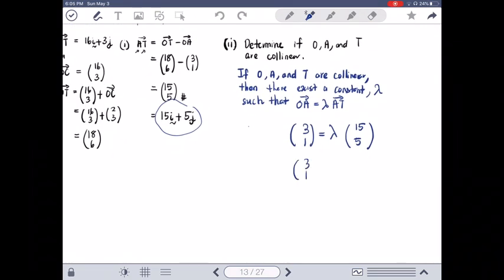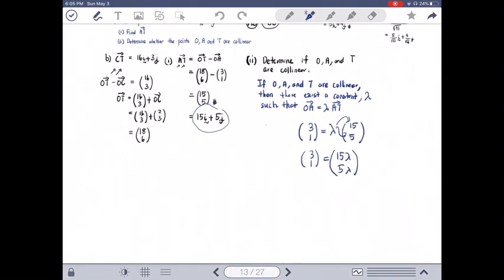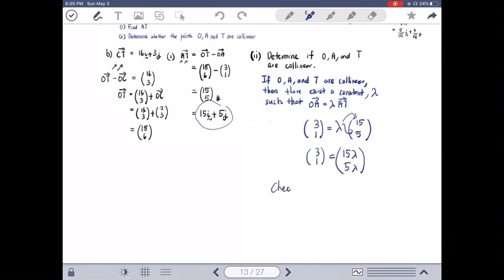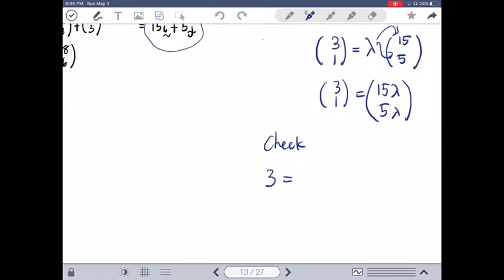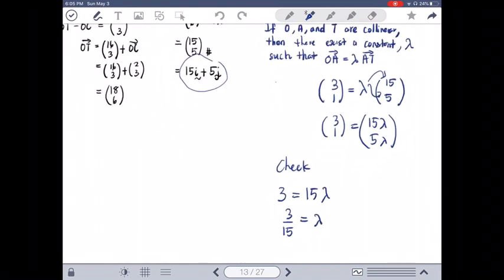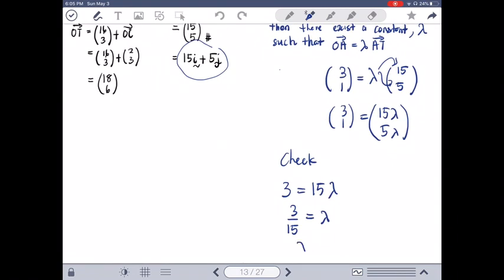So (3, 1) equals lambda (15, 5), which is (15 lambda, 5 lambda). Since lambda is just a constant, I can multiply inside. So check for the first component, 3 equals 15 lambda. Therefore, lambda is equal to 3 over 15, so lambda is just 1 over 5.